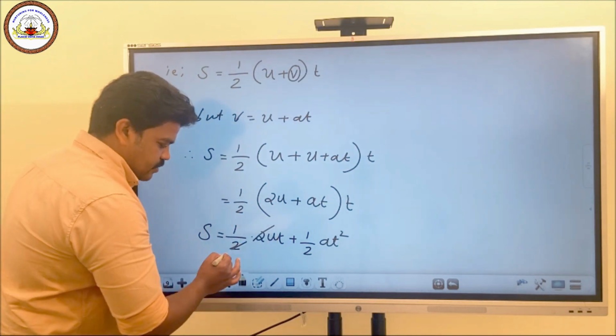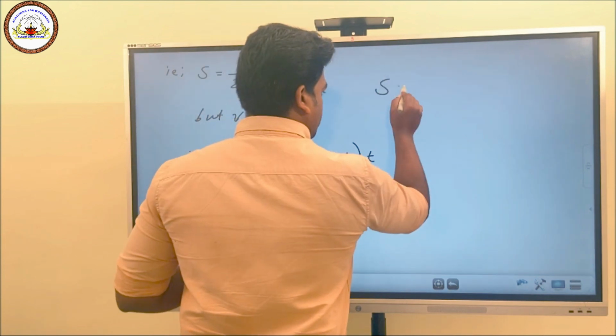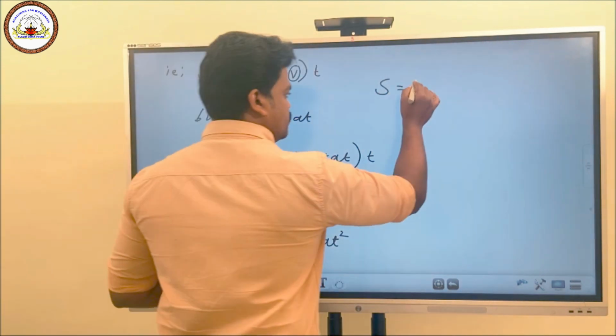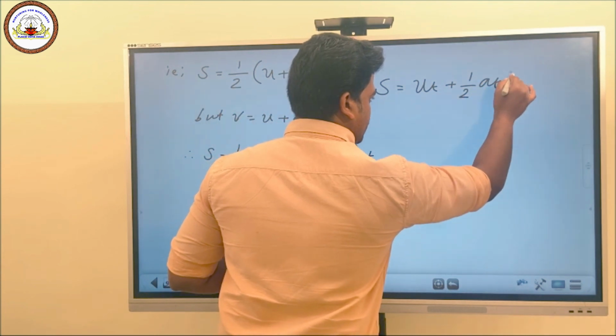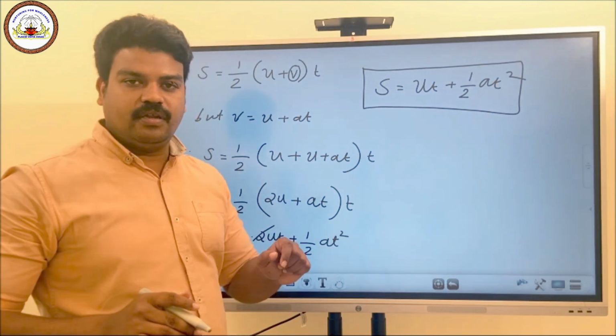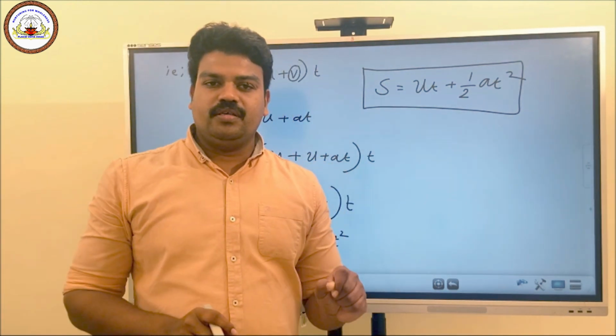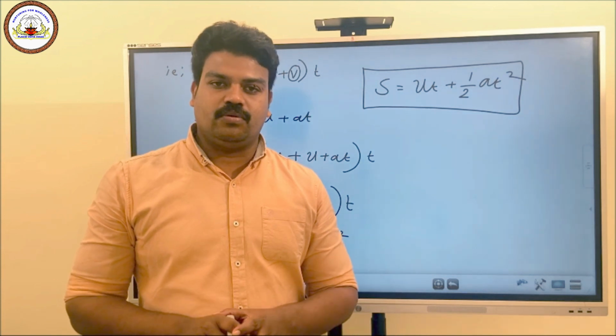Cancelling 1 by 2 and 2, we get displacement S is equal to UT plus half A T square. This relation is independent of final velocity V, so it is the position-time relation.